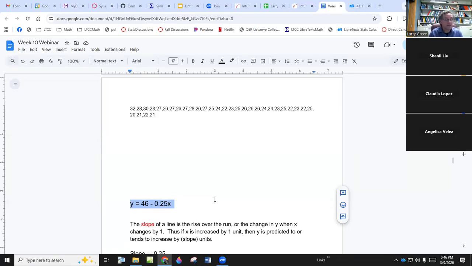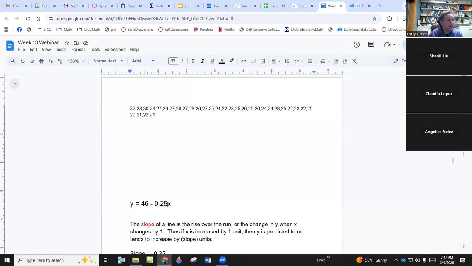Put it in the chat box. Okay, it's not supposed to be a hard question. What is the slope of the line? Y equals 46 minus 0.25x. I don't see you all putting it in. This isn't supposed to be tough.